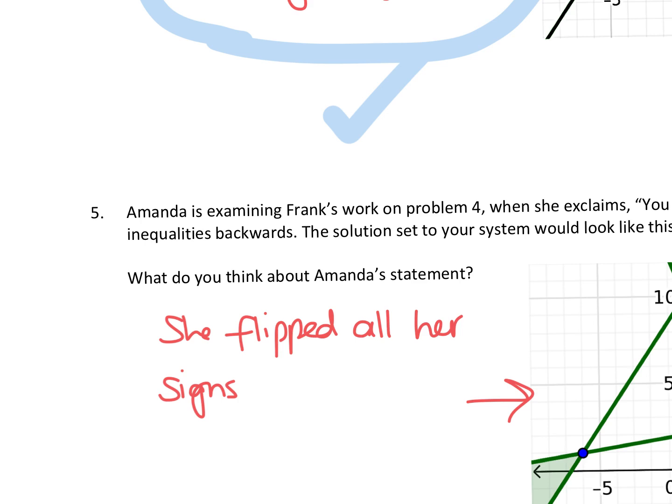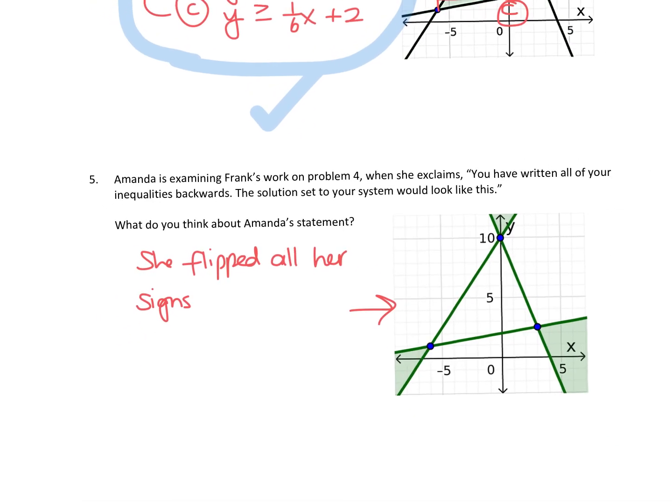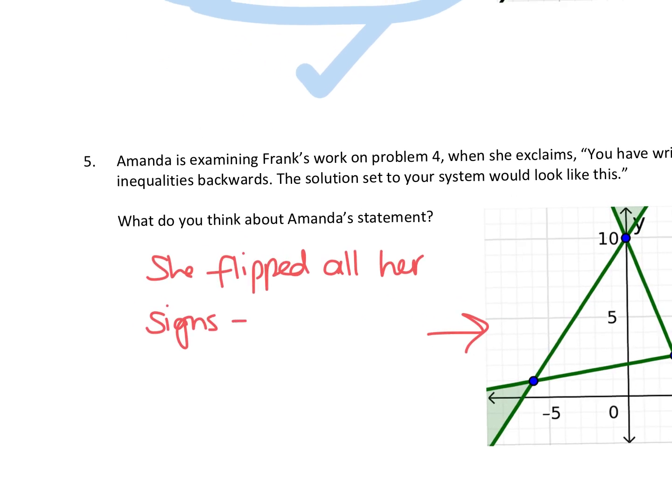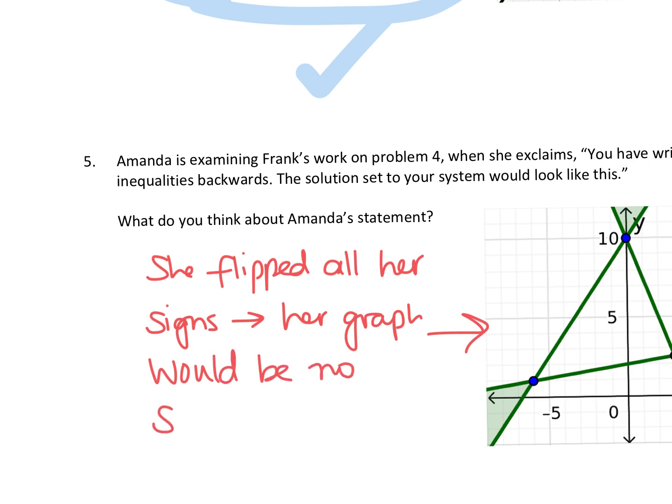And what's interesting about when she flipped all her signs is that she doesn't have a solution anymore. There's no zone that's triple shaded. There's double shaded areas, but nothing triple shaded. So hers would be no solution. Her graph would be no solution.